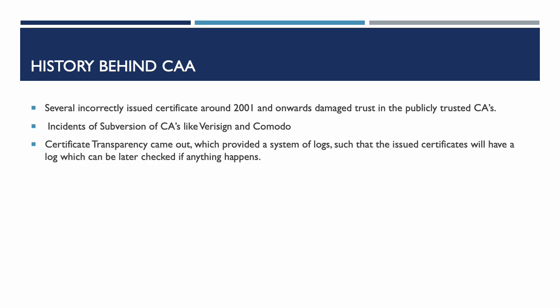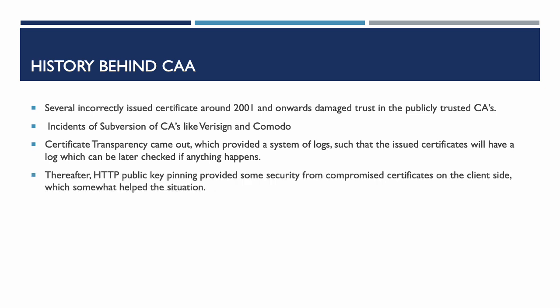To tackle those things, many technologies were laid out, such as certificate transparency, which provides a system of logs to track the certificates issued. It is much like a CCTV system where you can go back and see who issued the certificates and all the information, but it didn't stop anything from happening.